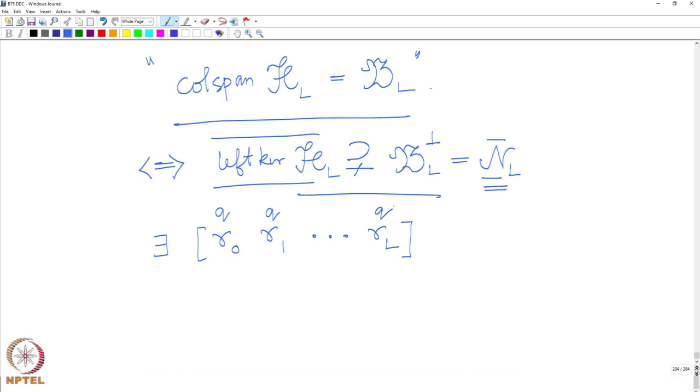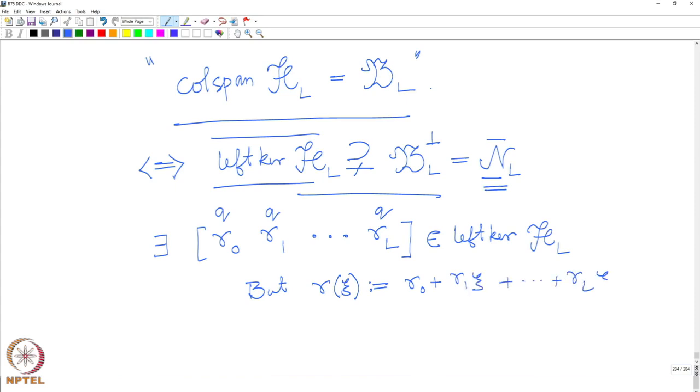So L plus 1 times q, such a vector, which is in the left kernel of H_L, but the corresponding R(xi), defined as R0 plus R1 xi plus dot dot dot plus RL xi to the power L, is not in N_L, which of course is contained in N.